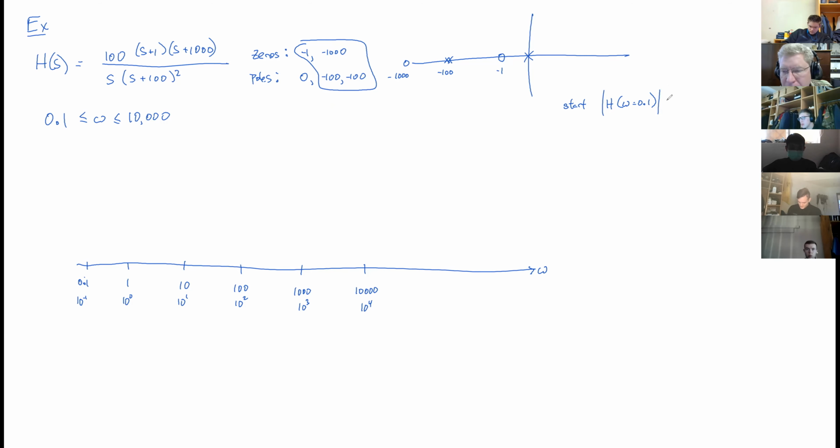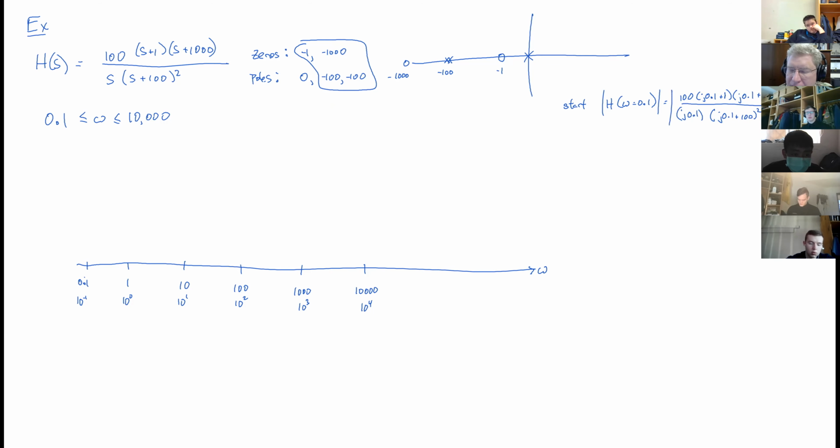So we throw that in there, and we get 100 times (j 0.1 plus 1) times (j 0.1 plus 1,000), over j 0.1 times (j 0.1 plus 100) squared.